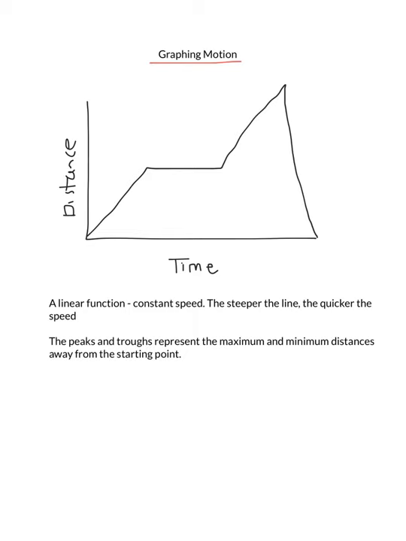And so what this is saying is that here we have a distance of 0. And as we get further along, the distance increases. Here is at a time of 0, and as we get further along, more time has gone by.